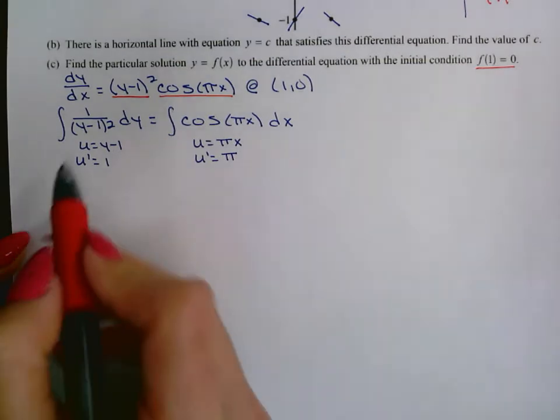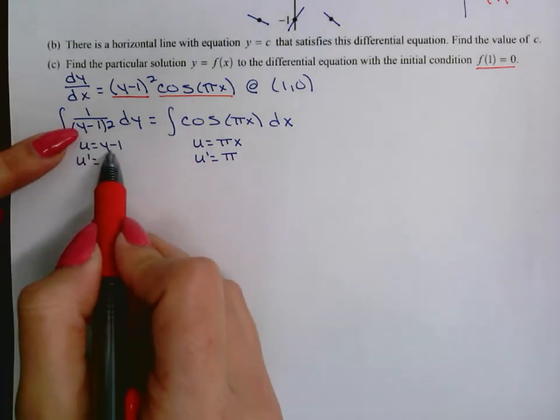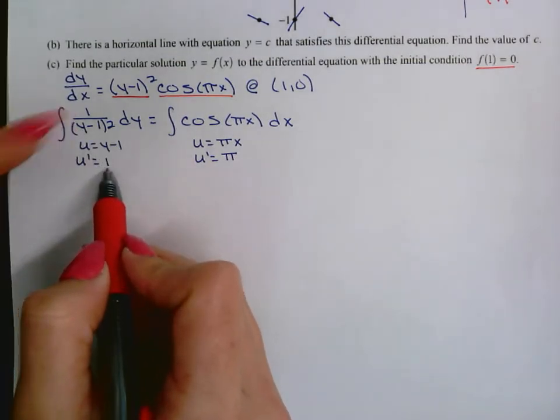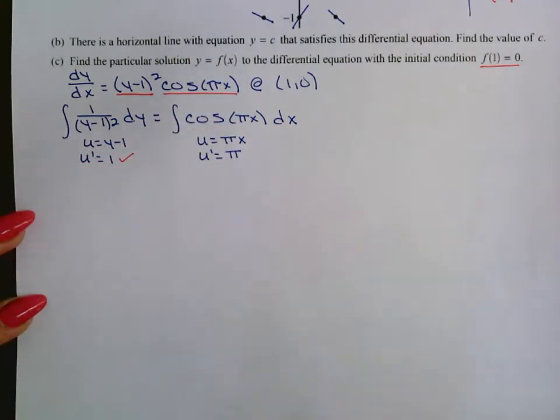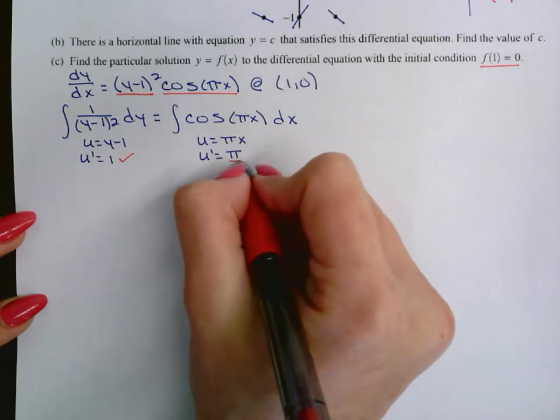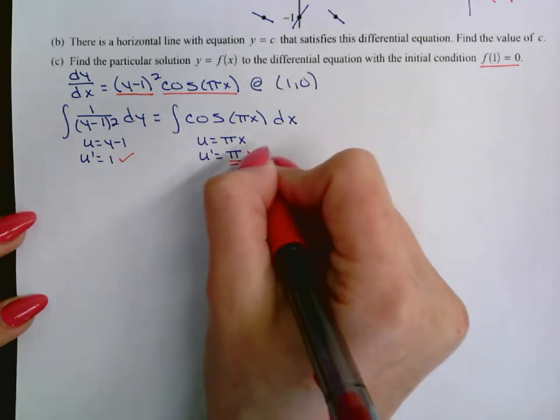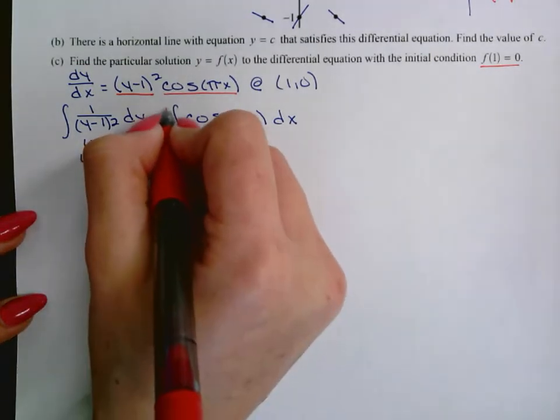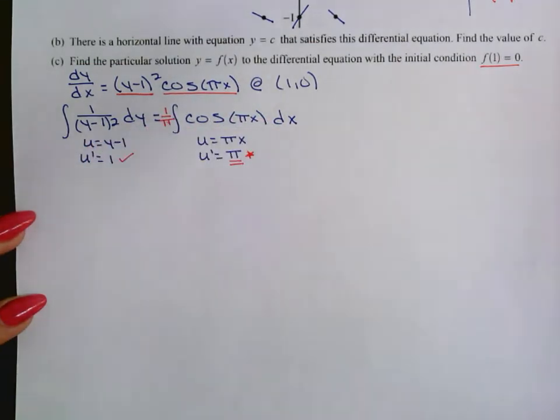On my left side, my inside is y minus 1. Derivative of that is 1, so I'm not missing anything. On the right side, my inside is pi x. Derivative of that is pi. I've got a problem. I'm missing a pi. So I need to multiply by 1 over pi.